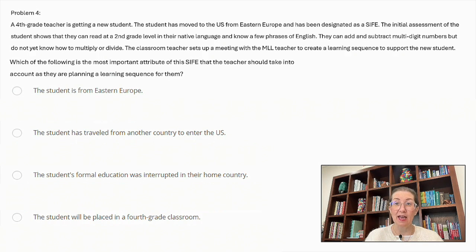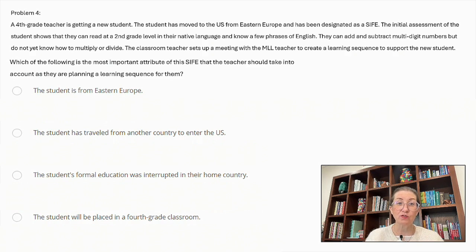They can add and subtract multi-digit numbers, but do not yet know how to multiply or divide. The classroom teacher sets up a meeting with the MLL teacher to create a learning sequence to support the new student. Which of the following is the most important attribute of this SIFE that the teacher should take into account as they are planning a learning sequence for them?